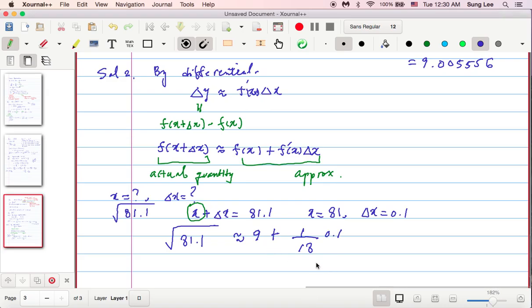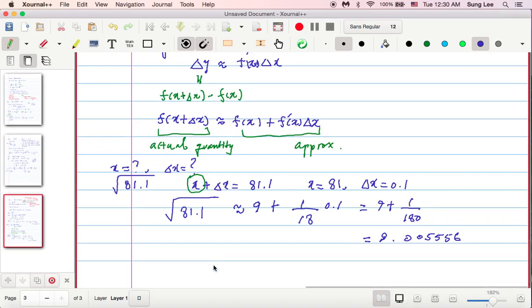This is exactly the same value we had earlier, which is 9 plus 1 over 180, approximated by 9.00555. It keeps on going, but I'm going to round it, so 9.0056. Okay, so this is it, folks.